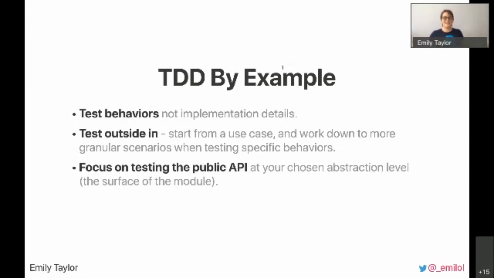And focus on testing the public API at your chosen abstraction level. That's not necessarily to say a REST API, right? I'm talking any public API, any class, module, or function that you're working on. Only test the public details of that API. So we've got a metaphor here. We can think about it as peeling back the layers of the onion, writing tests inwards as we go.